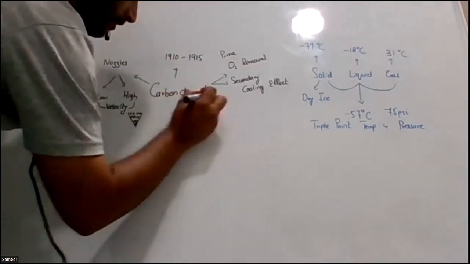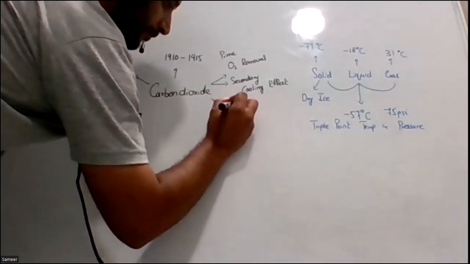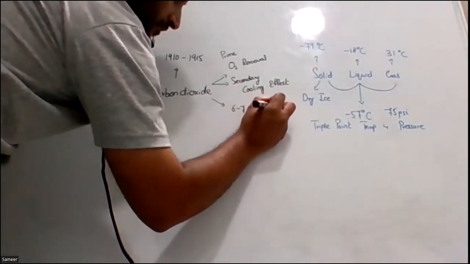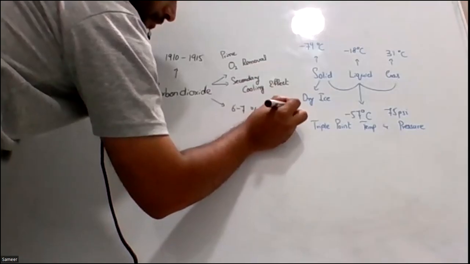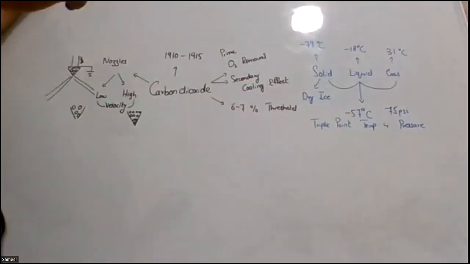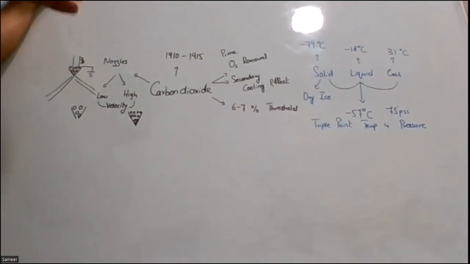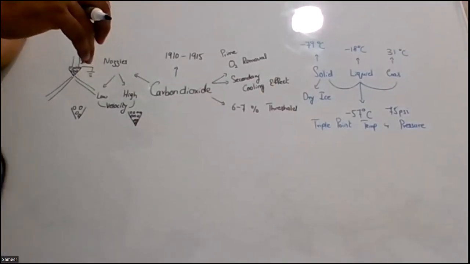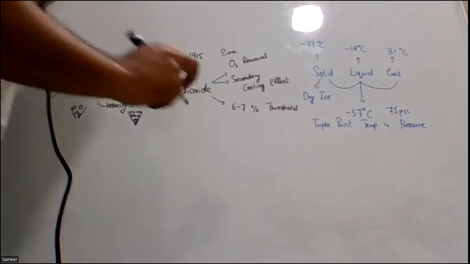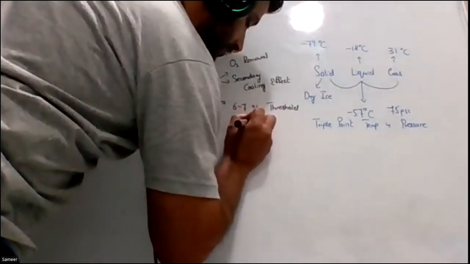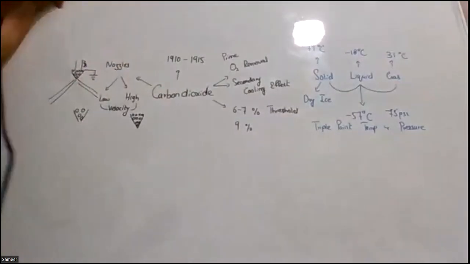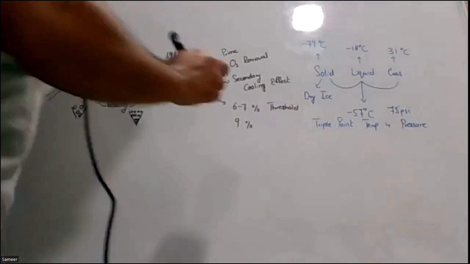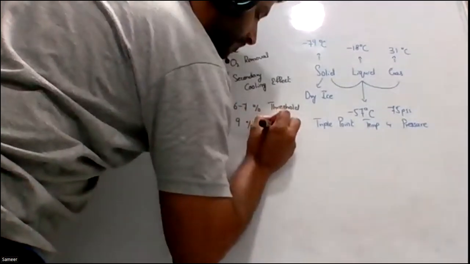For example, 6 to 7% of carbon dioxide in the atmosphere is the safety threshold, and above the threshold it's going to be very dangerous. Then we have 9%. Above 9% of carbon dioxide in the atmosphere, it tends to cause unconsciousness, a narcotic effect.